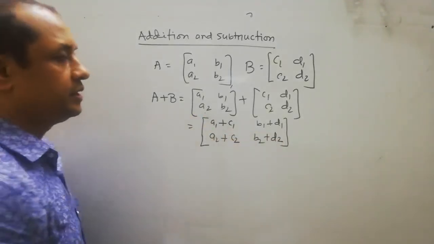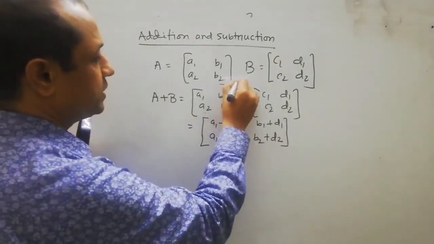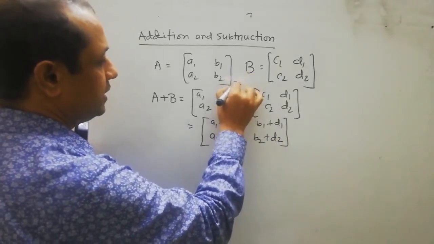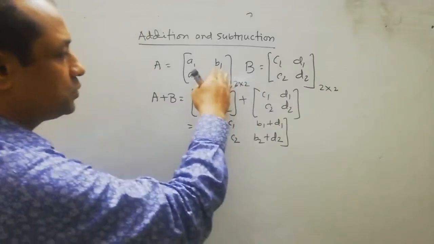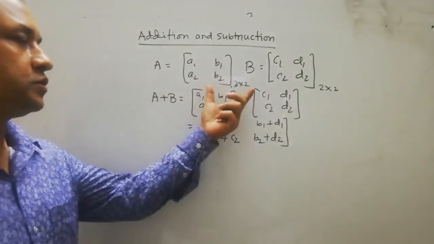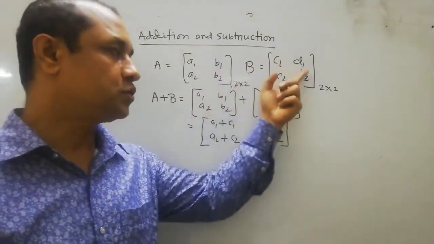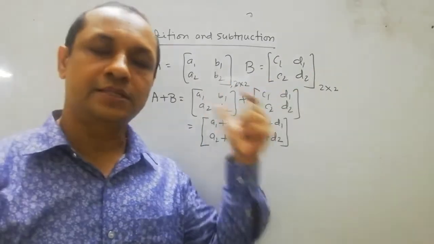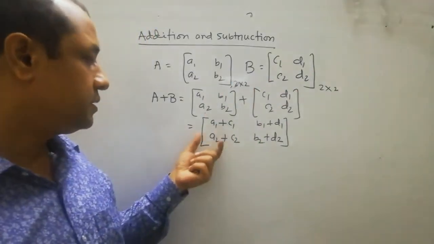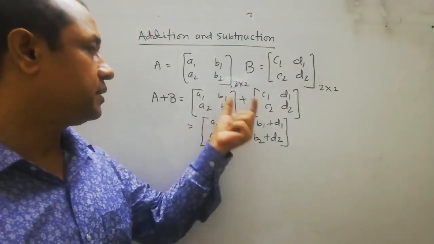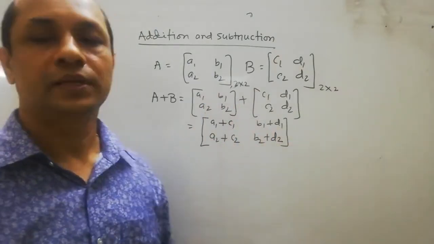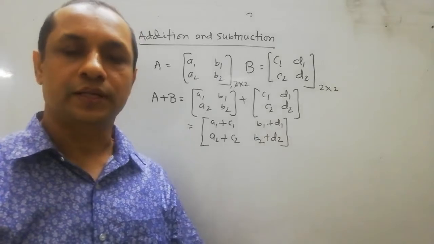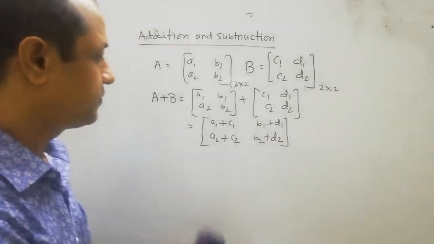Here A is a 2 by 2 matrix, B is a 2 by 2 matrix, so it is the same order. So the addition is A1 plus C1, B1 plus D1, A2 plus C2, B2 plus D2. I hope that students, you are clear.